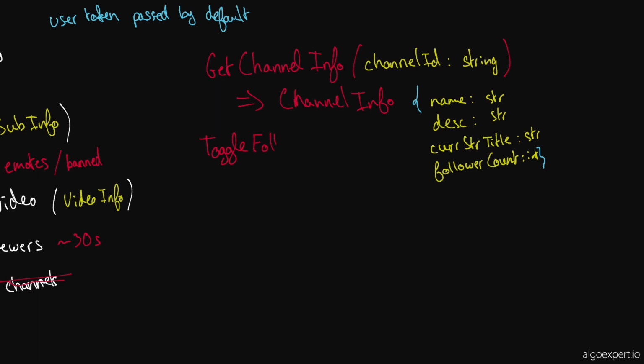It's going to take in, I believe, a channel ID because we are toggling the follow for a particular channel. I'll go with str again here. And toggle follow is going to return probably the follow state that the backend returns. So we'll put follow state.